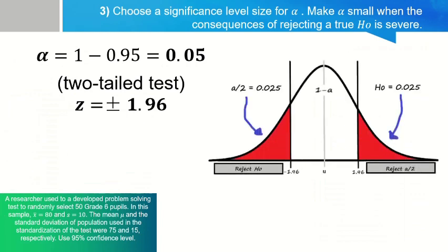Ayan na yun. We have positive and negative 1.96. Then 1 minus alpha. Alpha over 2 is 0.025. Or your null hypothesis. Ito yung rejected region.